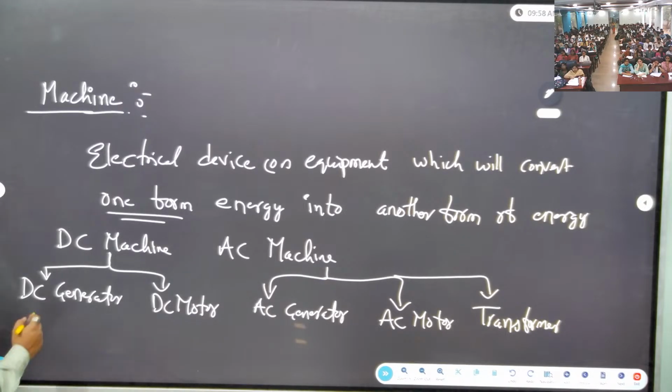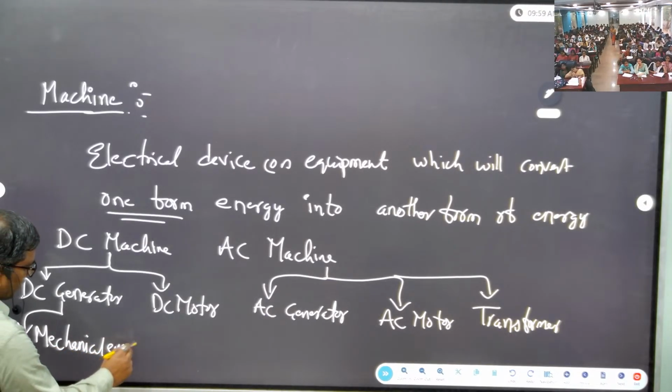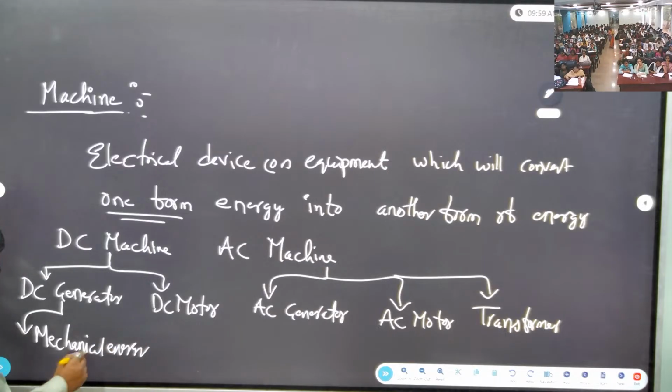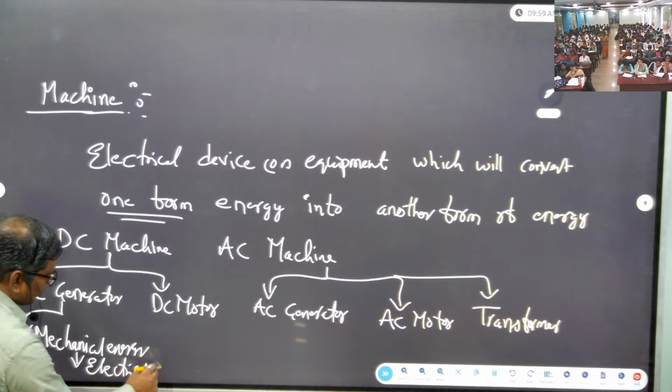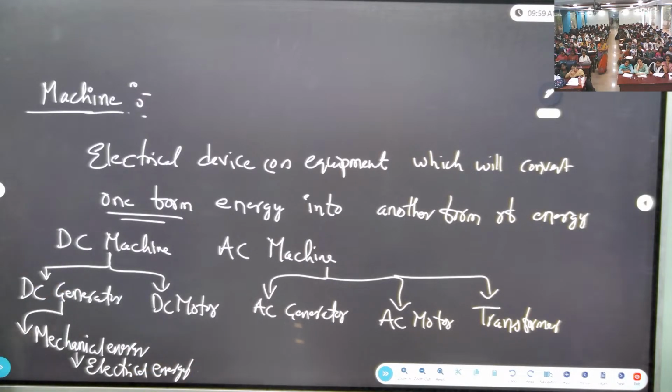So DC generator is a machine which will convert mechanical energy into electrical energy.